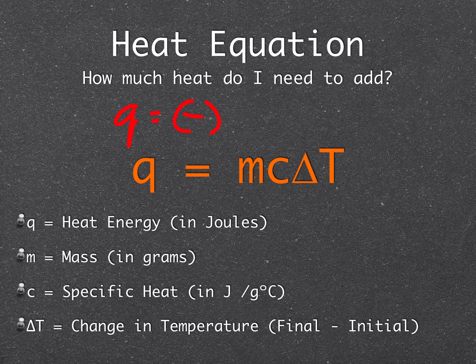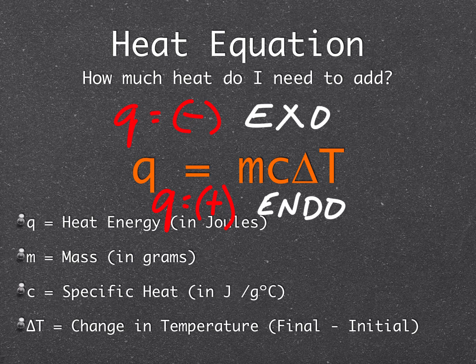And if that happens, that means again that it's an exothermic reaction. The number will be correct, but the negative sign will tell you that it was releasing that amount of heat. If your Q value comes out to be positive, that will stand to be an endothermic reaction. That means the reaction absorbed that amount of heat.